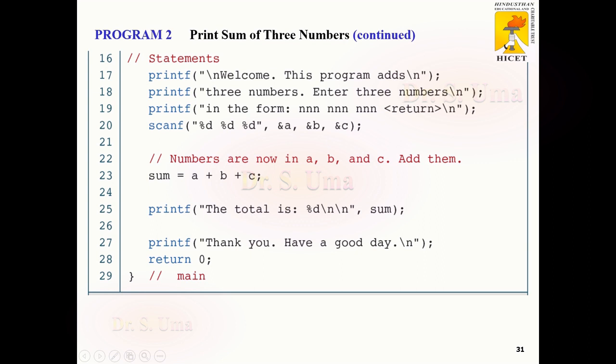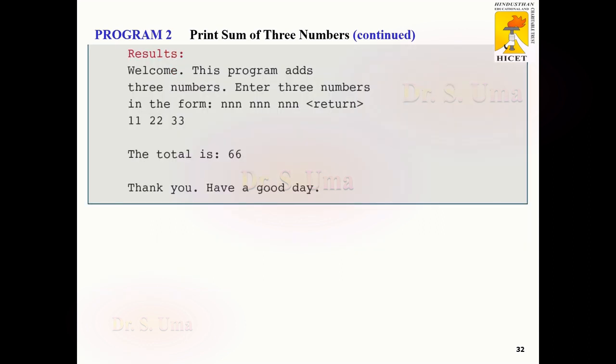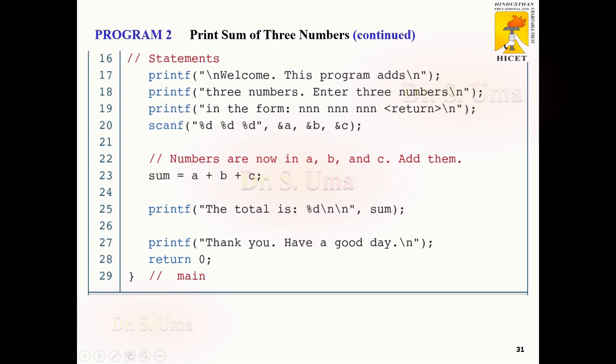So here this scanf statement reads three different integer inputs and stores the values in the variables a, b, and c respectively. After getting the values, we are summing up these three values with the plus operator.